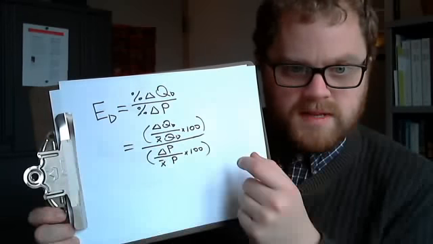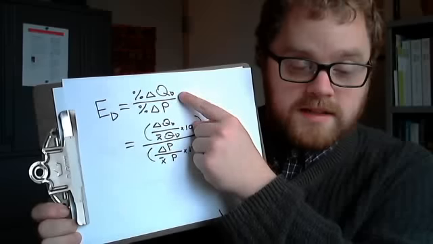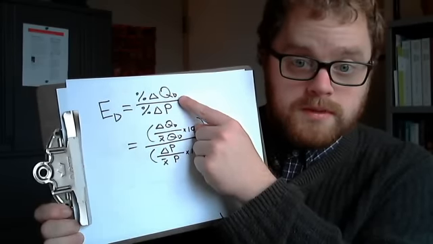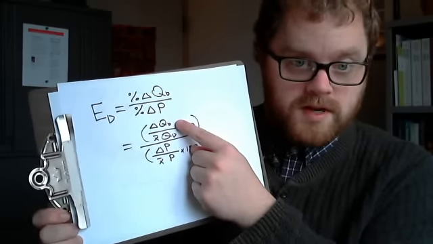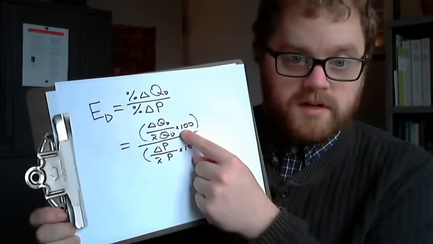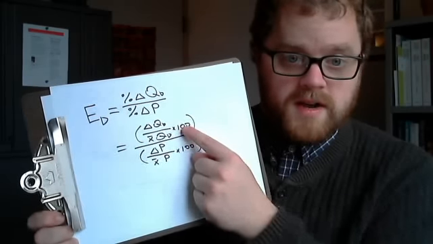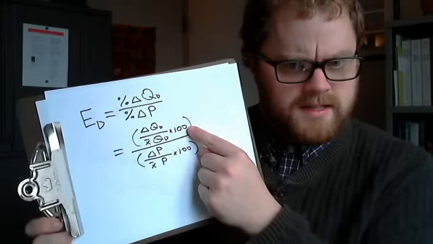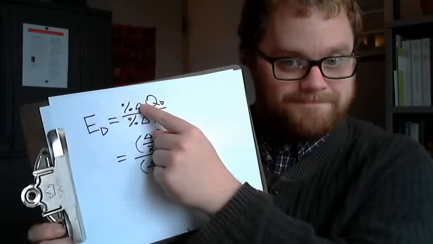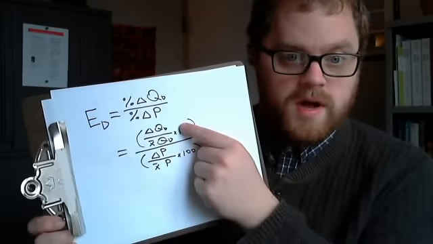So here's how you'd use the midpoint method. To calculate the percent changes in these two variables, you take the change in them from one level to another and divide by their average. So change divided by the average, and you'll multiply that quotient by 100% because we want a percent. And we do that for quantity and price.